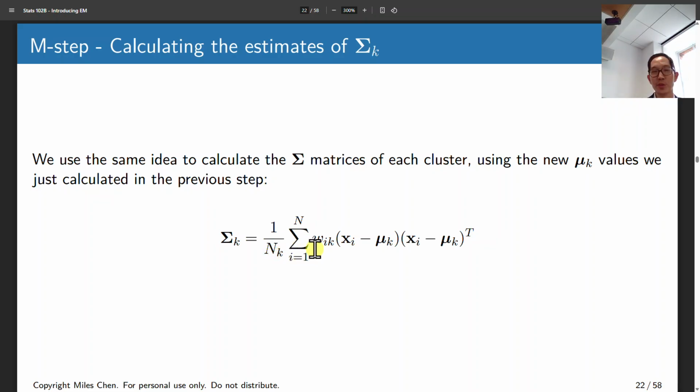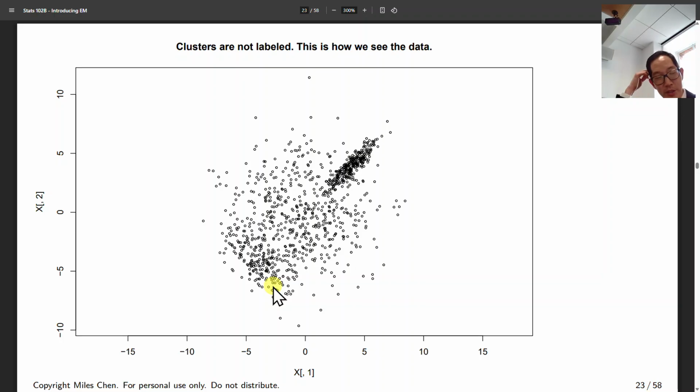Normally you would do this and just add them up and divide by n, or divide by n minus 1 to fix the bias. But here we are going to multiply by W and divide by n sub k, however many points are in that cluster. And that's that.